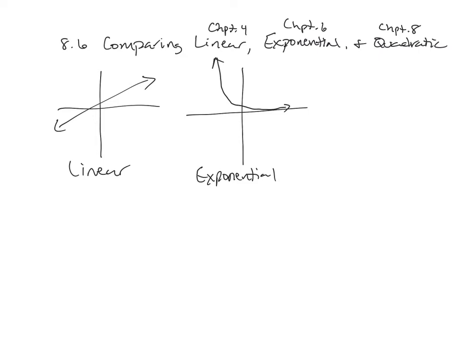But it's not like a straight line. It can go in different directions. It's just going to be flat on one side and either go down or go up on the other side. Okay, and then quadratic is our U, or it could be an upside down U.